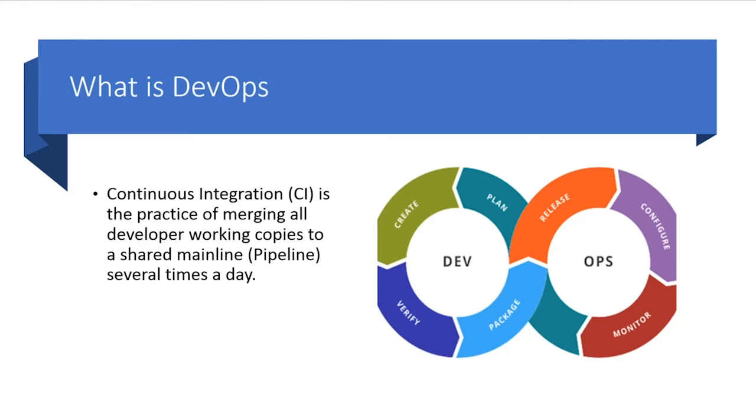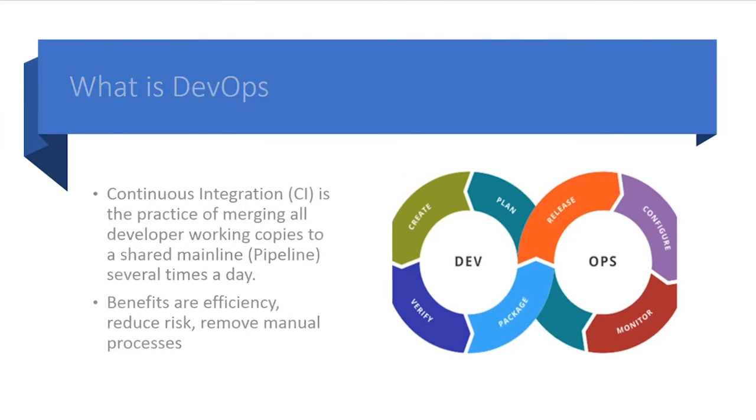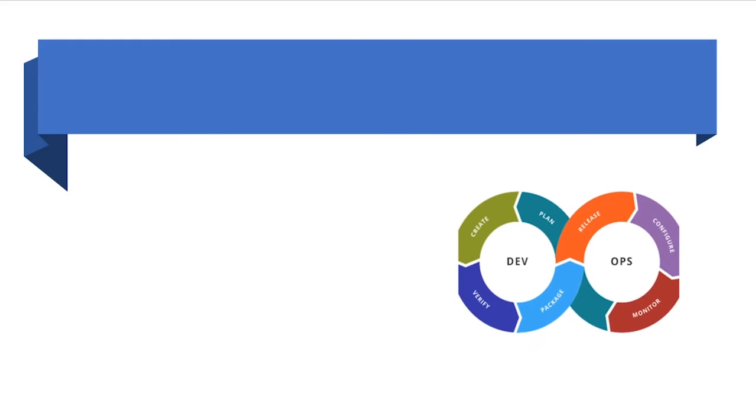But basically, CI, known as continuous integration, is where we're going to merge our working copies into a pipeline. Now, a pipeline is what? It's nothing more than basically strict processes in place. And the benefits we could realize could be everything from risk reduction to manual processes, improved efficiency.